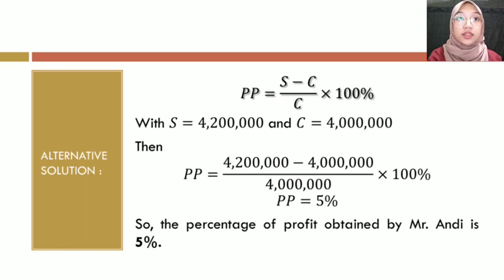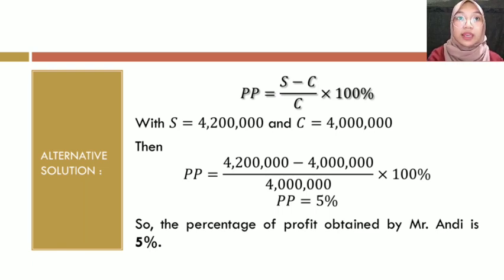Then, the alternative solution is we have the equation PP equals (S minus C) per C multiplied by 100%, with S is 4,200,000 and C is 4 million.